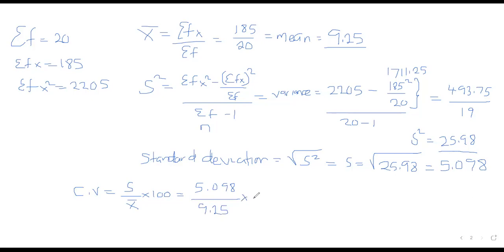When we multiply by 100, what do we get? 55.114. This gives you the percentage by which the data is deviating from the mean. This is how we find our coefficient of variation.